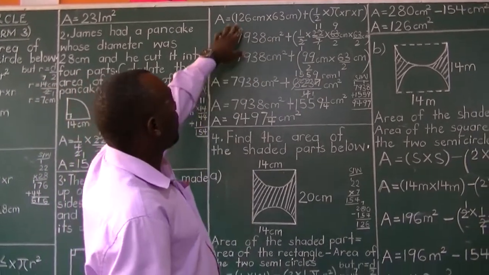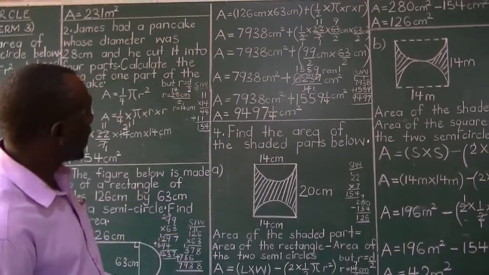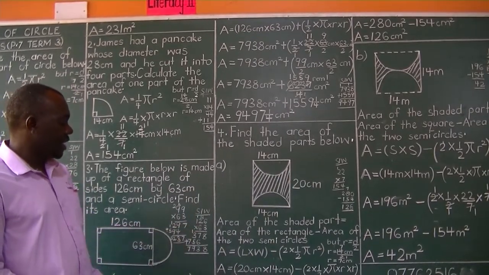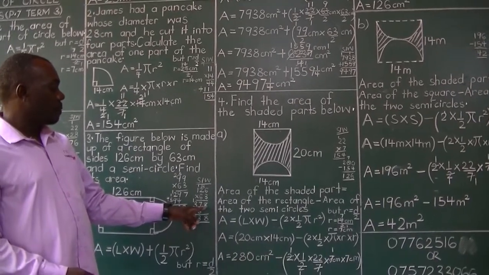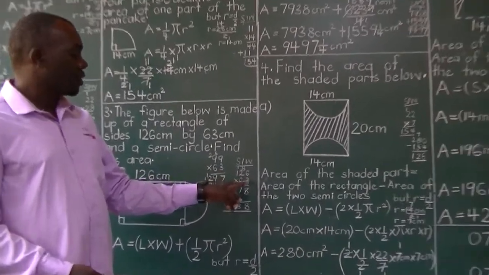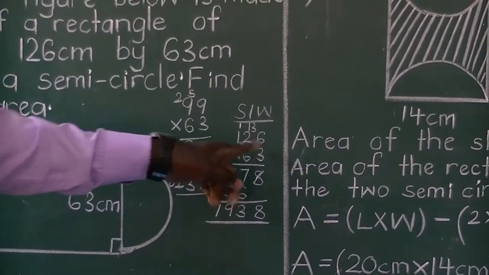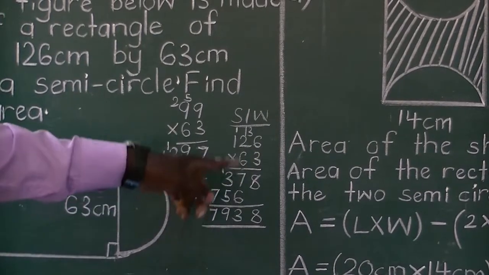So we multiply 126 centimeters by 63. When you multiply properly, 3 times 6 is 18, write 8 and regroup 1. Then 3 times 2 is 6 plus 1, regroup to get 7, and 3 times 1 is 3. Then you go 6. 6 times 6 is 36, write 6, regroup 3.